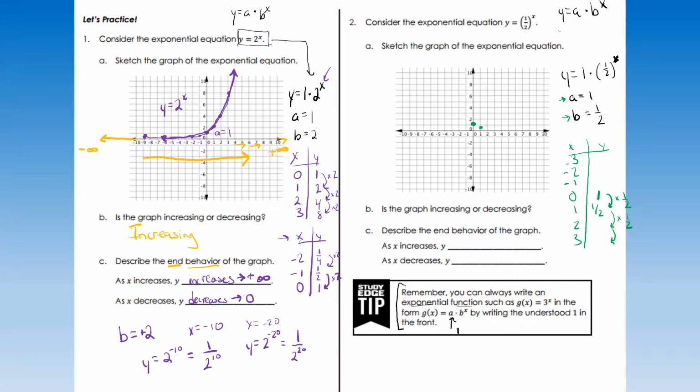So 1/2 times 1/2 is 1/4. So for 2, it's now 1/4. I move over again, I multiply by 1/2 again. So 1/4 times 1/2 is 1/8. So for 3, it's down at 1/8. So what's happening on this side of the graph is that the numbers are getting smaller and smaller as we move along, right? The bigger we make x, the smaller the fraction gets.